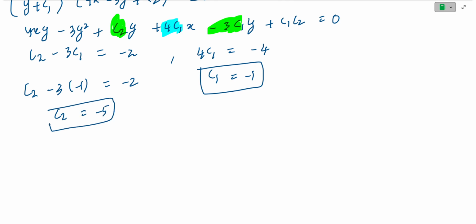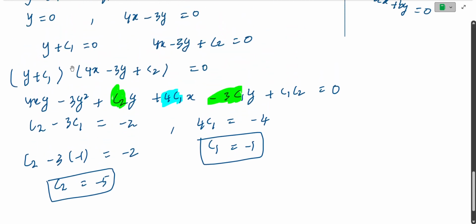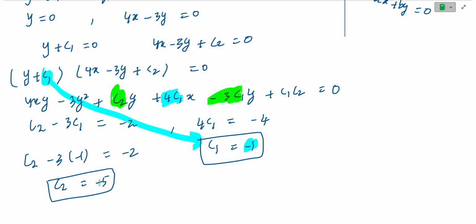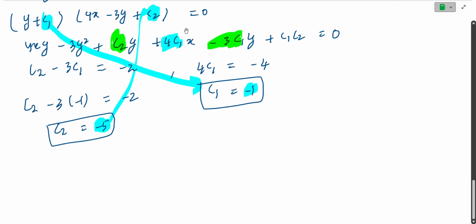The only unknowns here were c1 and c2, and we got their values. In the place of c1, substitute minus 1, and in the place of c2, substitute minus 5. So we get the equations of the tangents.